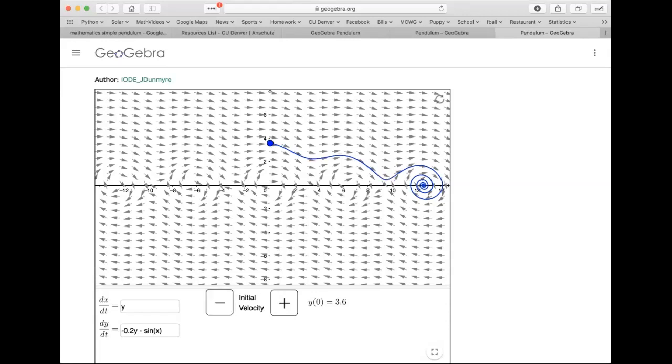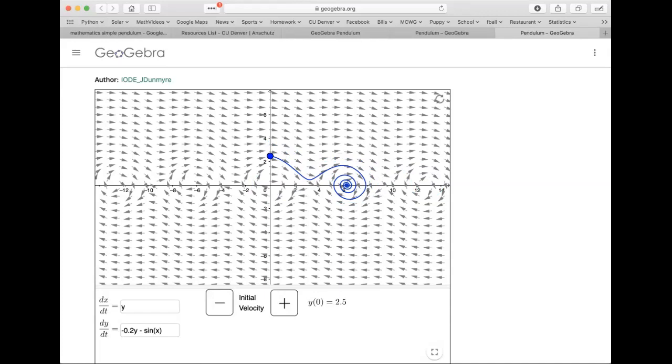And so on the previous slide, it asked us to identify what initial velocities would be enough to make it go all the way around, but just once. Playing around with this, we can see if we gave it an initial velocity of 2.4, that's not going to be enough. Here, we haven't gone all the way around. But if I give it just a little bit more initial velocity, now that is enough to send it all the way around.